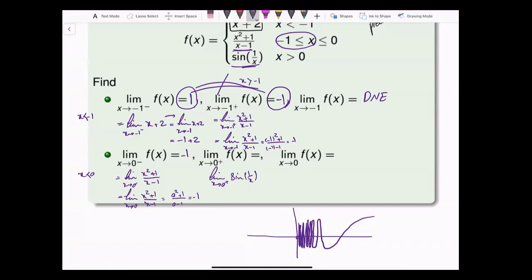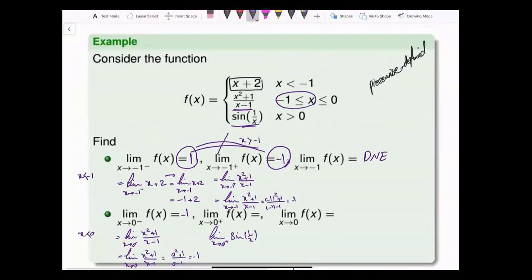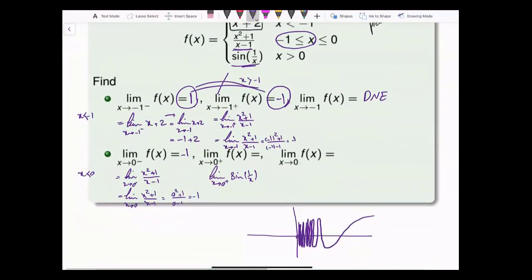It just oscillates more and more crazily. So this is from the right. From the left it is going to be the same story, and it gets worse and worse. So the limit of this as x approaches 0 from the left does not exist.